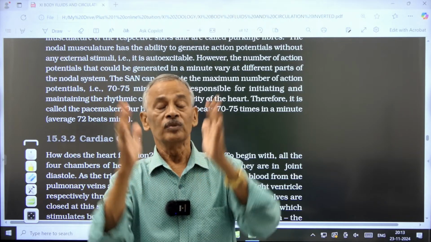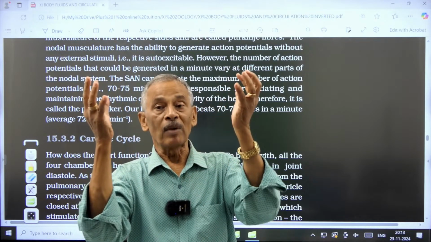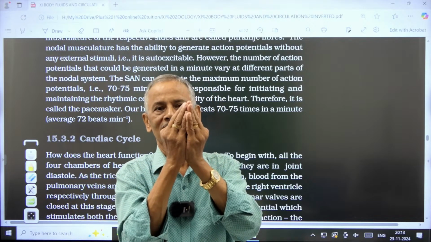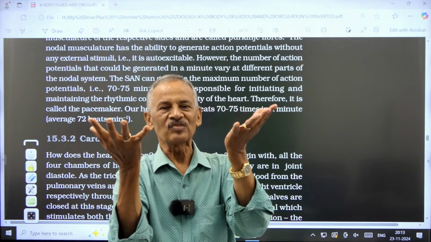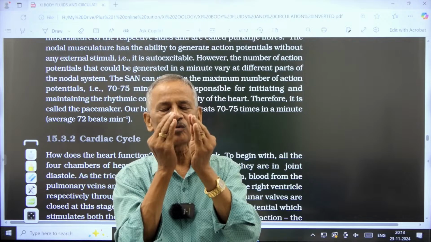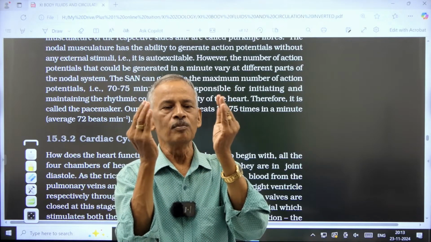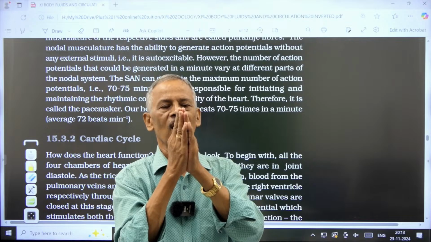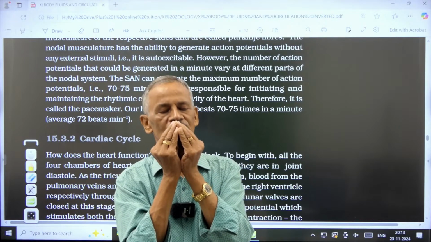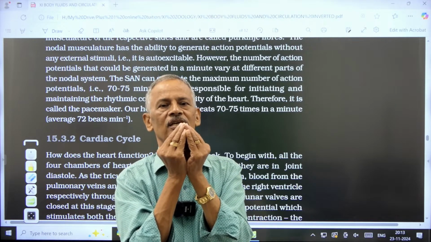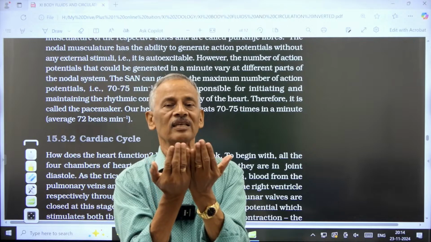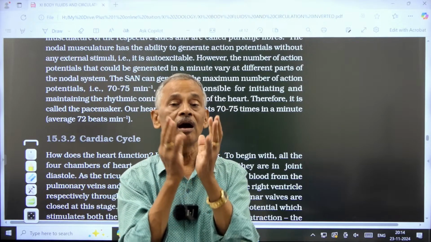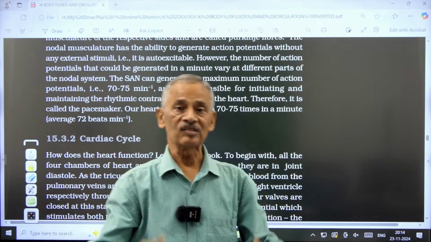How is the systole occurring? When muscles are contracting, the chamber becomes smaller. When the muscles on the heart walls are contracting, the chambers become smaller. When the muscles come back to the relaxed state, the ventricles or atria become larger in size.